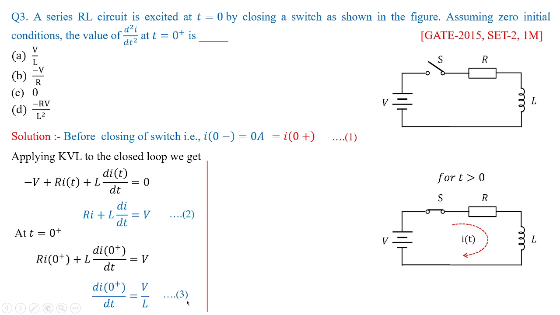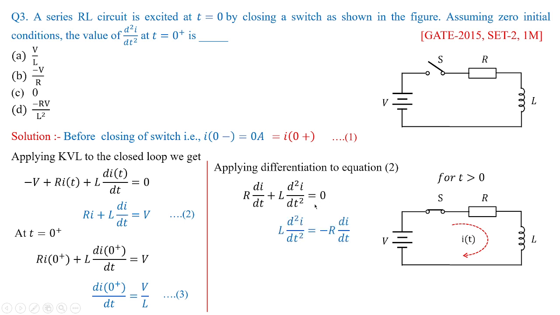Now after getting equations 1, 2 and 3, we are interested in d square I by dt square. For that, we apply differentiation to equation 2. Differentiating, you get R di by dt plus L d square I by dt square. V is a constant, so its differentiation is 0. Hence, L d square I by dt square is equal to minus R di by dt.